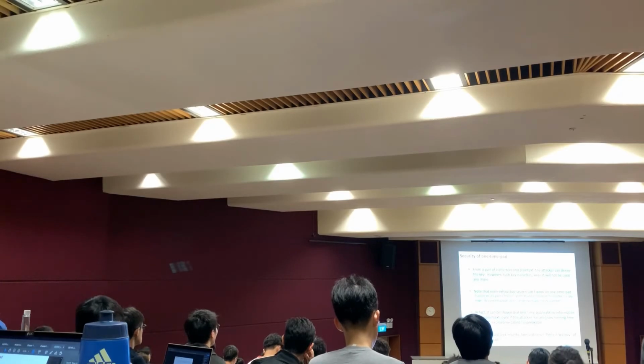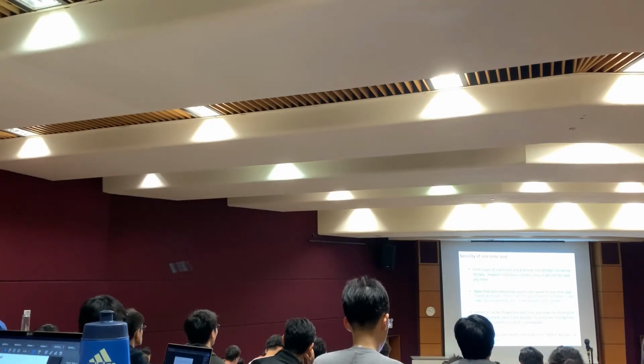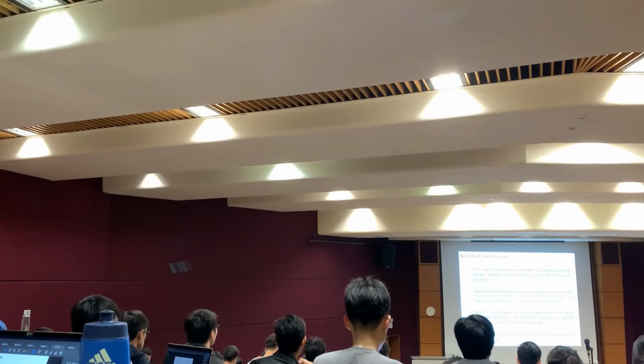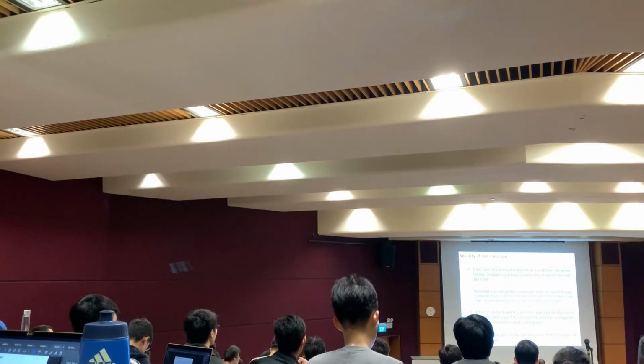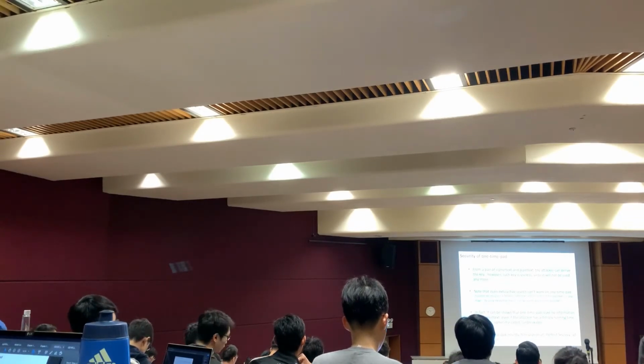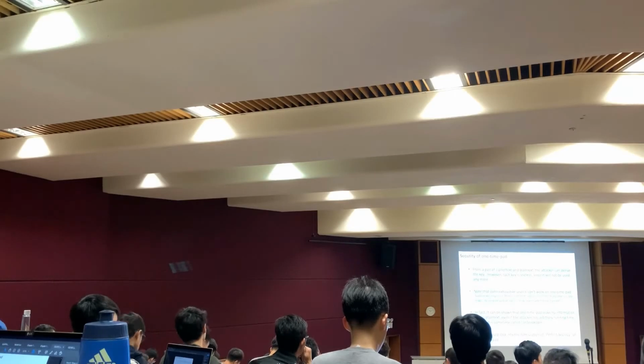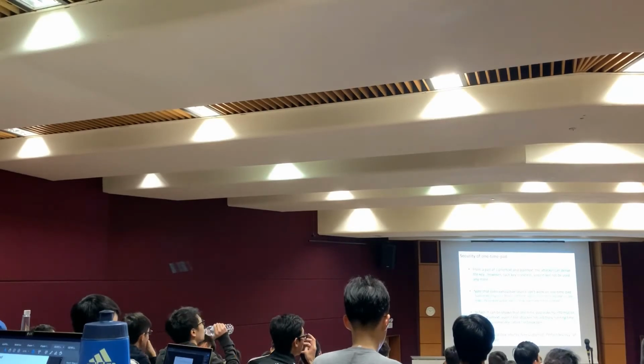Then Shannon, the guy who started information theory, came up with a notion called perfect secrecy. The formulation of perfect secrecy we'll not do here. I just roughly tell you what it is. If you want to learn it, you can take 4236.